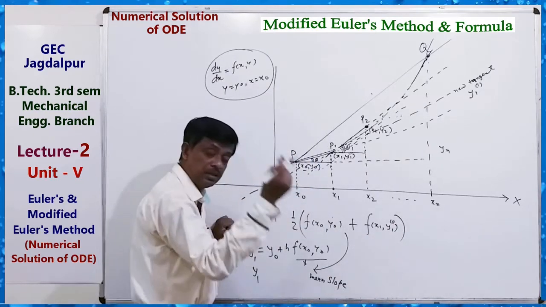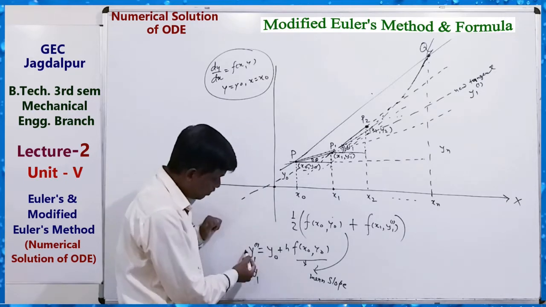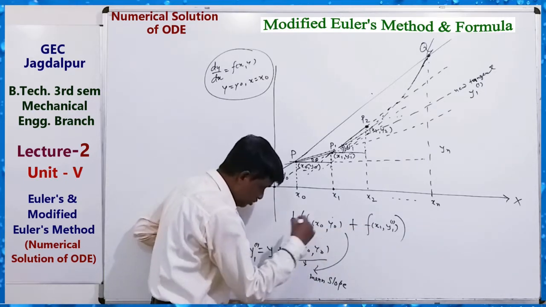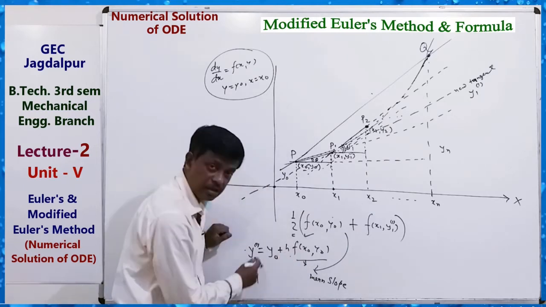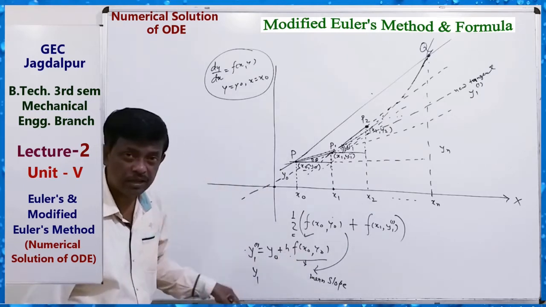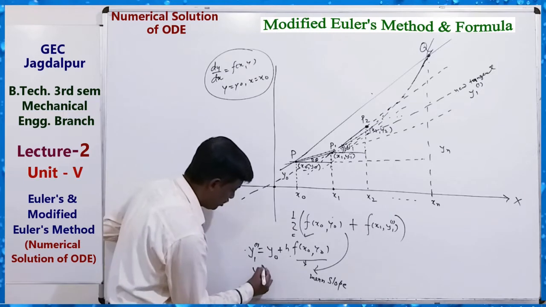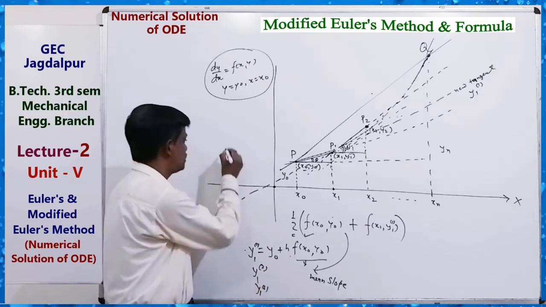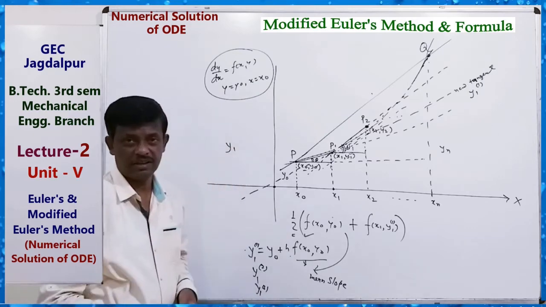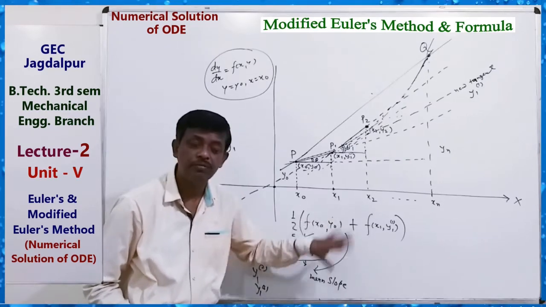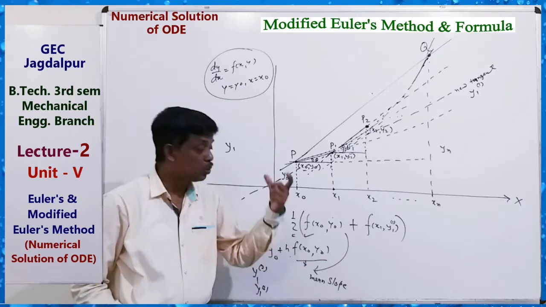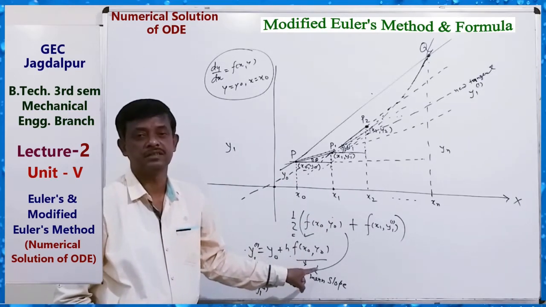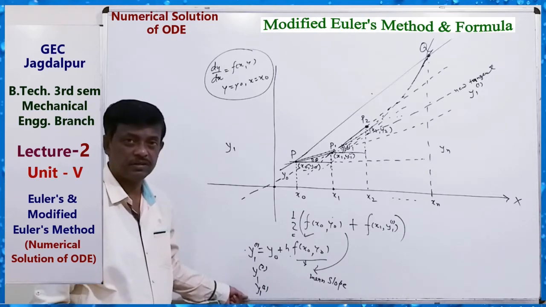Just use repeatedly the previous value of y and take the new slope, and you can get approximations of y1: y1(1), y1(2), then y1(3). These are the approximations of y1 purified by taking the average of slopes and using them in the equation of tangents, we get new values.